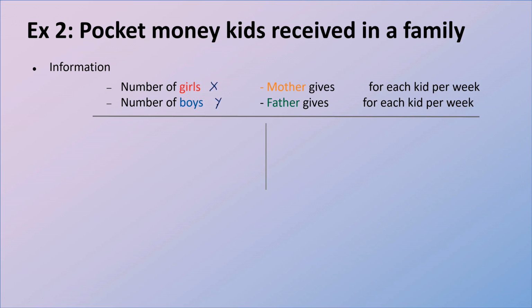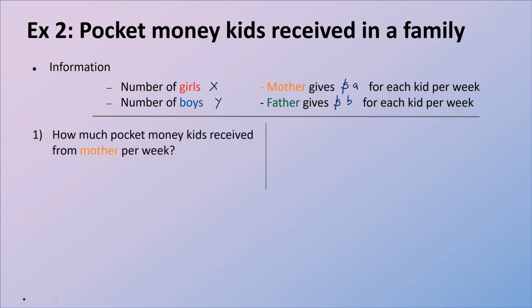So altogether, they have X plus Y amount of kids in a family. Suppose mother gives A amount of dollars for kids per week, while father gives B amount for the kids per week. Since it's very general, the x, y, a and b depend from family to family. I'm writing it in a general way.